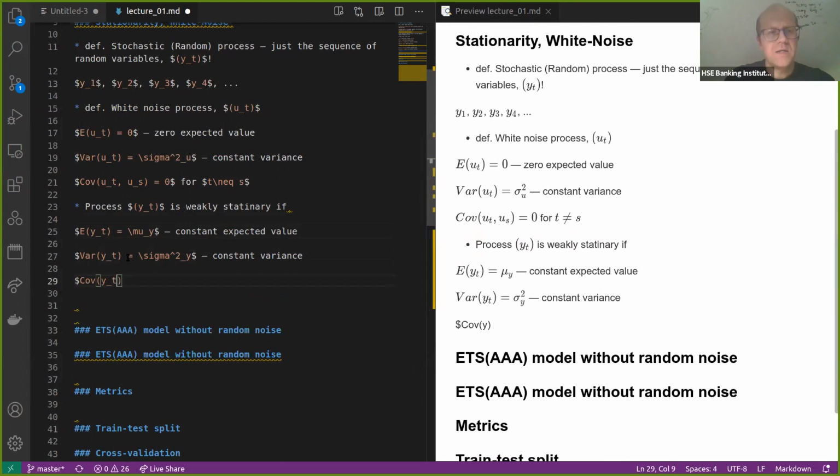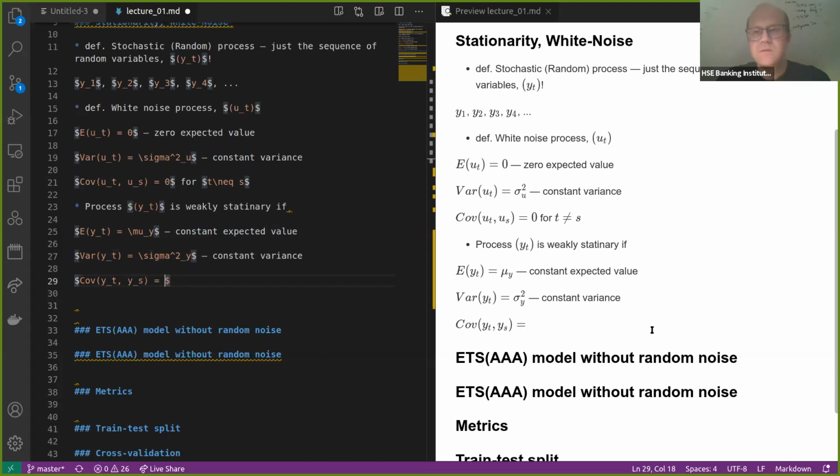Covariance of yt and ys should depend on what? It should be a function... Konstantin, Stepan, do you know what is the requirement for the covariance in a stationary process? Who knows?